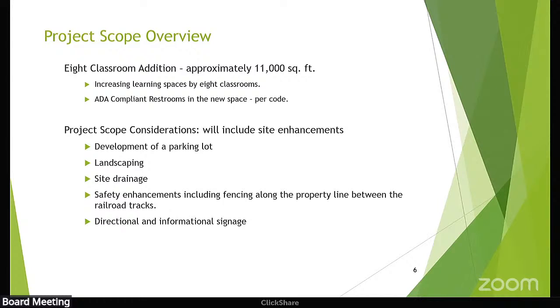Then of course the railroad tracks are a major concern, in terms of how we can create a buffer back there off the tracks and create a safe environment. And then directional and informational signage. If you've ever been there, it's almost one of the worst buildings to try and find. It's our driveway, but you can't really see it. You drive past it. It's just an ugly location. So we know that we need to do something regardless over there.